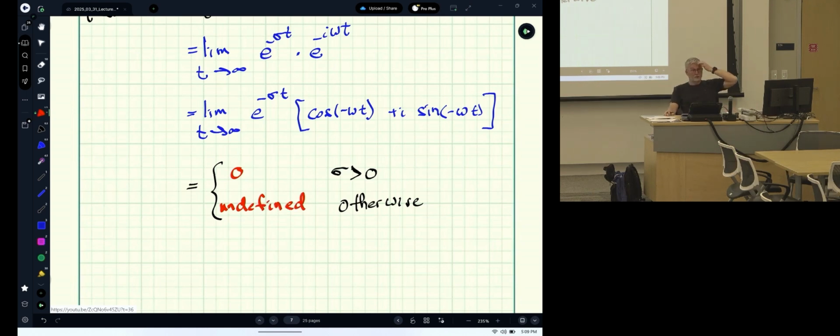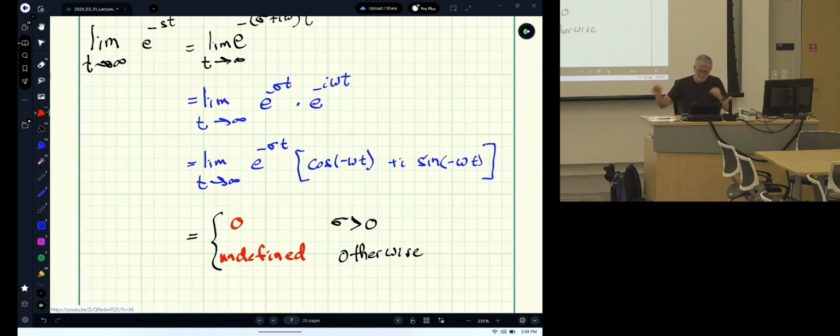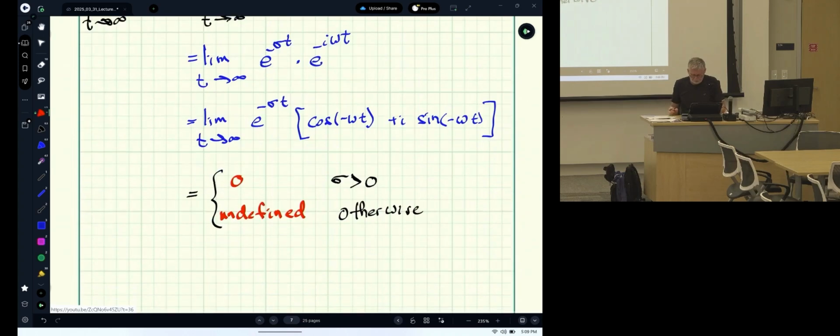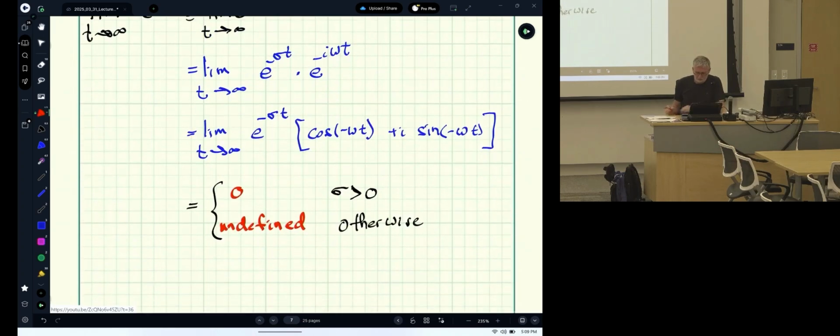So let's see if we agree with this. This is the strange thing that happens when we do Laplace transform, is that it's not defined for all possible values of s when we look at the integral.